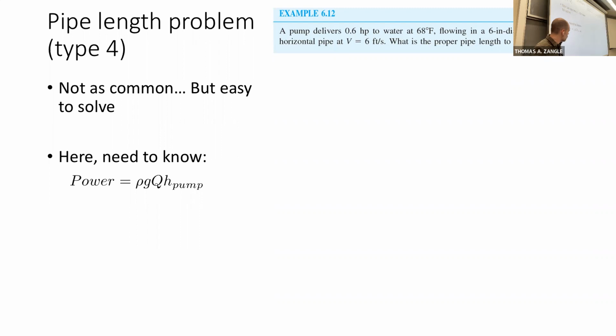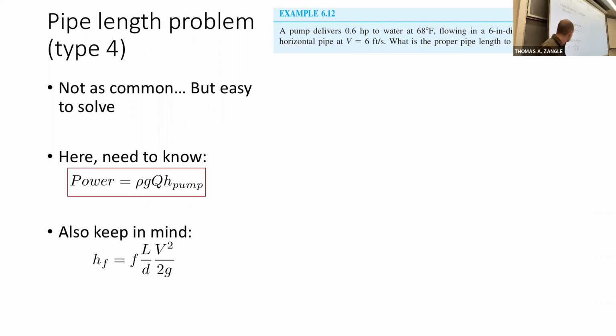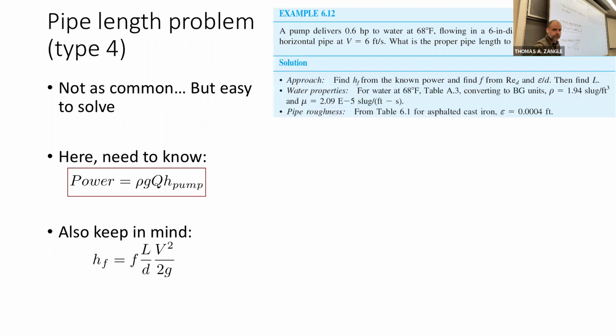And so what's left is really just solving for that length, L. For a pipe, we have our head loss due to friction as h_f = f (L/D) V squared over 2g, and we're asked to find this L. So we're going to find h_f from the known power.